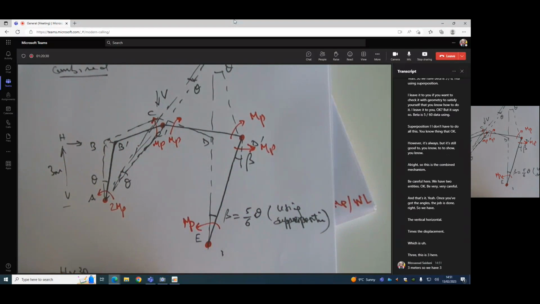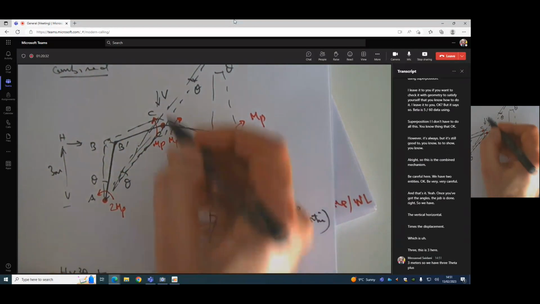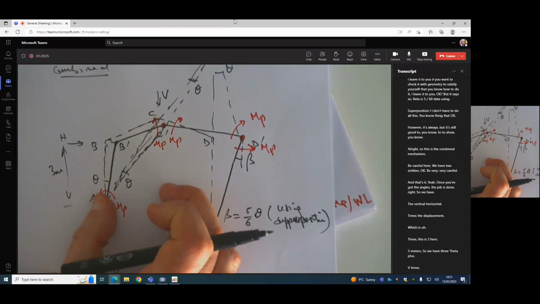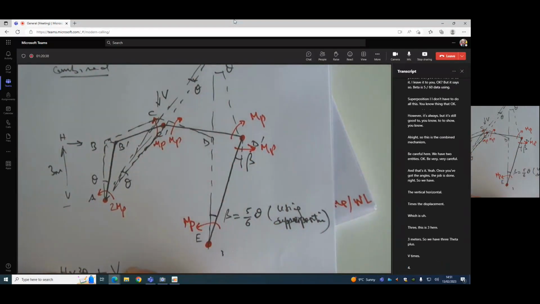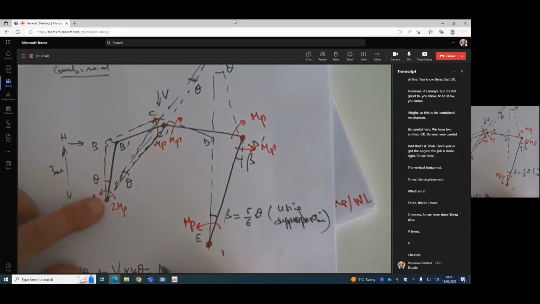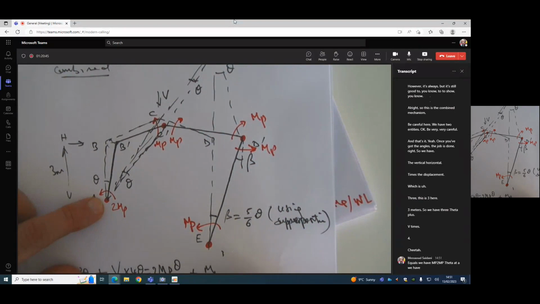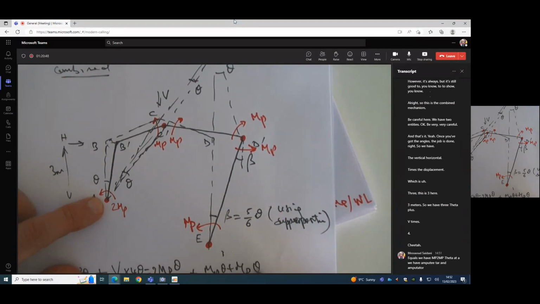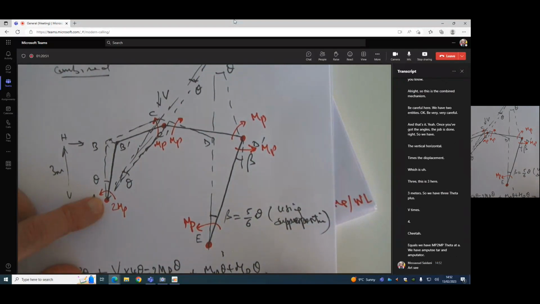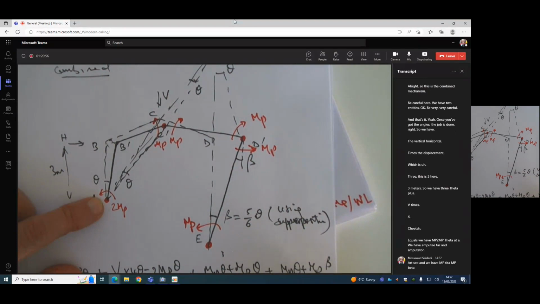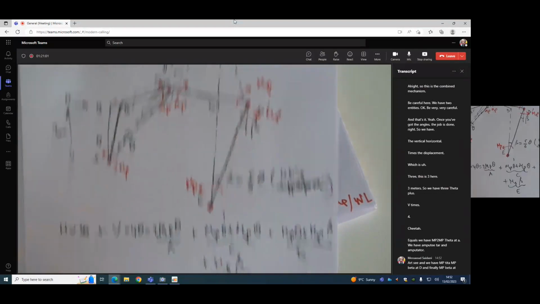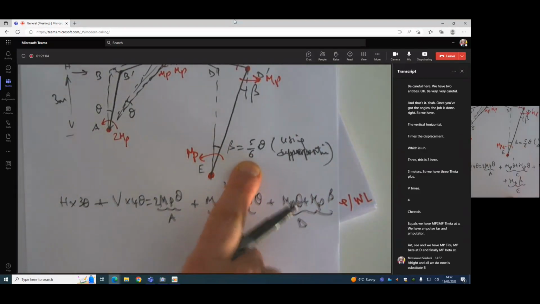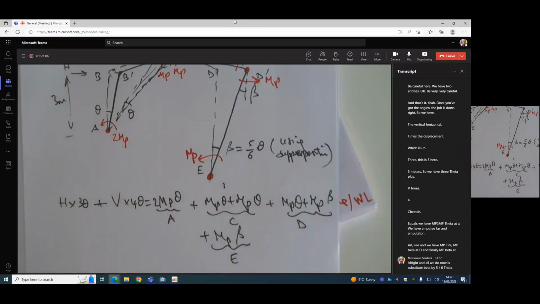So we have 3 theta plus V times 4 theta equals, we have 2 MP theta at A, we have MP theta and MP theta at C, and we have MP theta, MP beta at D, and finally MP beta at E. All right, and all we do now is substitute beta by 5/6 theta everywhere and simplify.